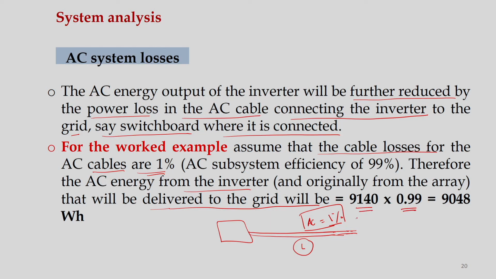This is the grid, this is the inverter. In between, the loss is 1%. So, the energy which will be given to the grid at this point will be 9048 watt hour, right.